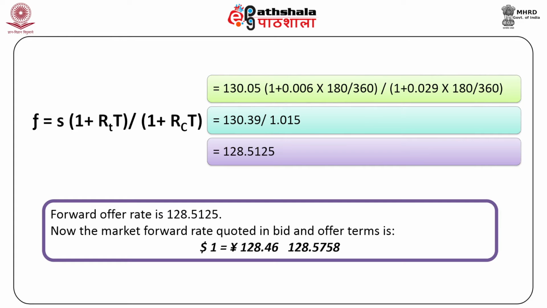Therefore, forward offer rate is 128.5125. Now, the market forward rate quoted in bid and offer terms is $1 is equal to yen 128.46 and 128.5758.